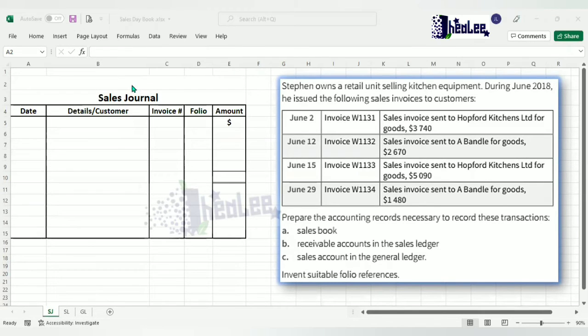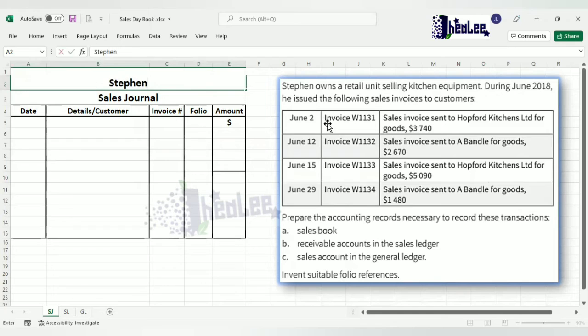We are preparing the sales journal for Stephen, so that information is important. And definitely your title, sales journal, because you have to indicate which book of original entry you are preparing. The columns are date, details, or you can simply use customer, invoice number, which is coming from the source document.